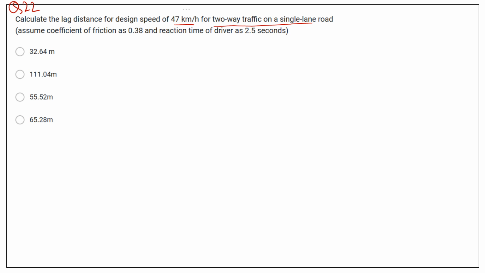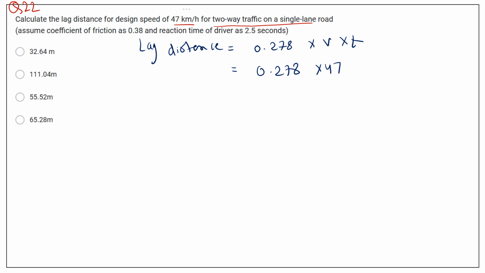So to find out the lag distance is equal to 0.278 into V into T. The given values are 47 for the speed and 2.5 for the time. So lag distance is equal to 32.665.